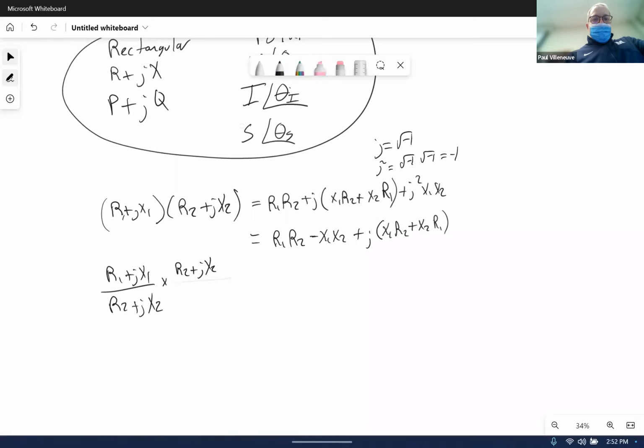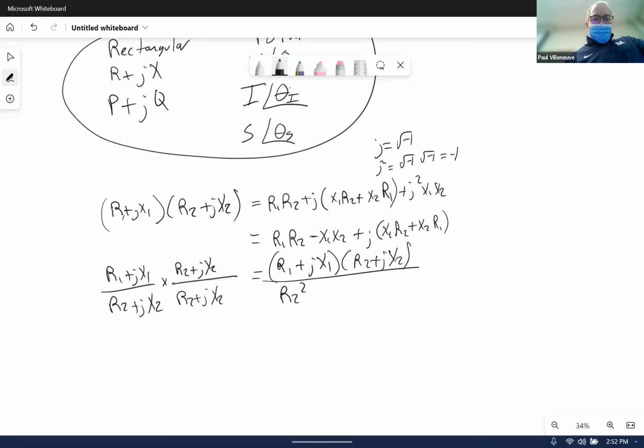You multiply by the complex conjugate, because when you do that, this becomes, whoops, complex conjugate.